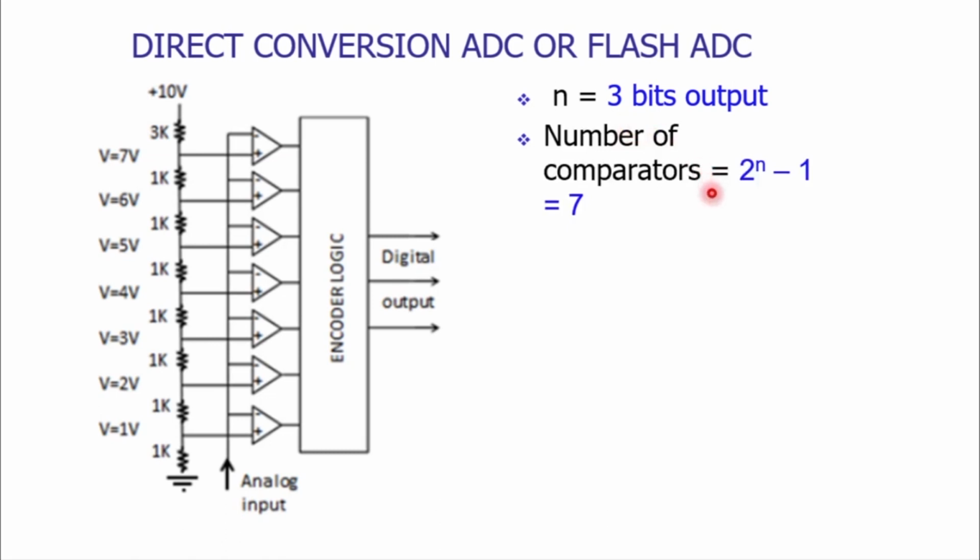Therefore, the number of comparators is 2 raised to n minus 1, that is 7, and the number of register values is 8. The number of reference voltages is 8. Here you can see the reference voltages are 1, 2, 3, 4, 5, 6, 7, and 10.